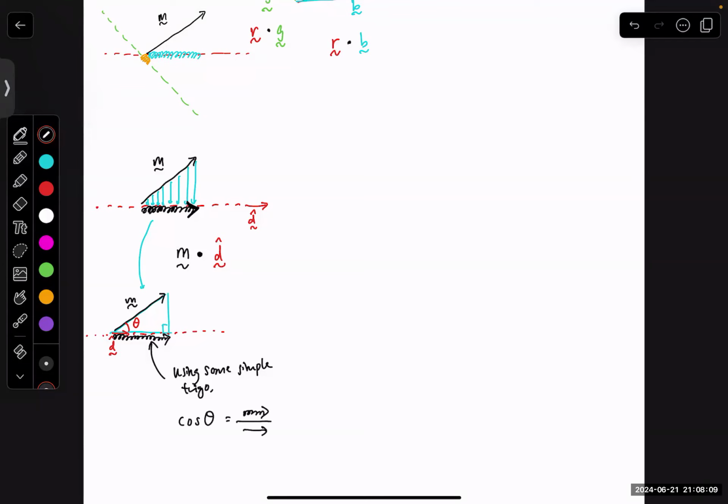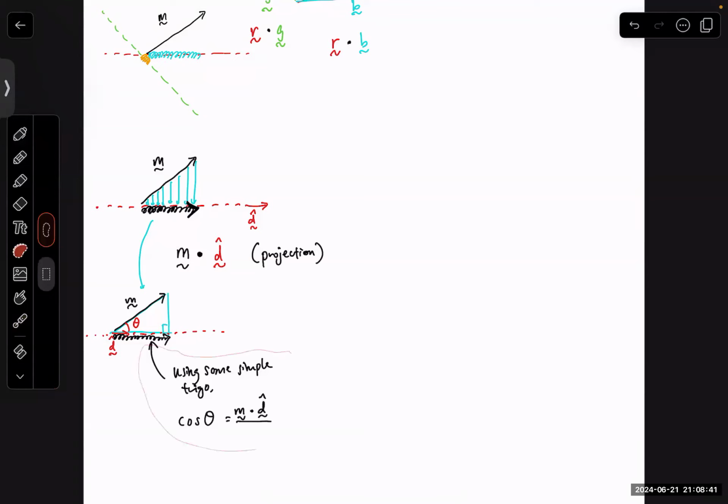Let's not use pictures, let's name it something. Remember that I said this bunch of stuff is called the projection. This projection is vector m dot vector d hat. That's a projection.